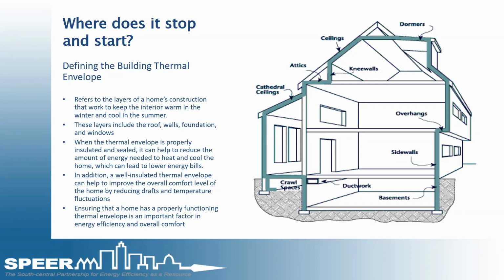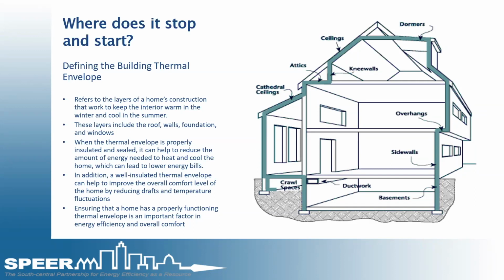It refers to the layer of the home construction that keeps the interior warm in the winter and cool in the summer. These layers can include the walls, the foundation, the windows. When the thermal envelope is properly insulated and sealed, it can help reduce the amount of energy that's needed to heat and cool the home. We just talked about that a little bit, but it keeps the conditioned air inside longer to keep it from having to be overchanged and consuming more energy.